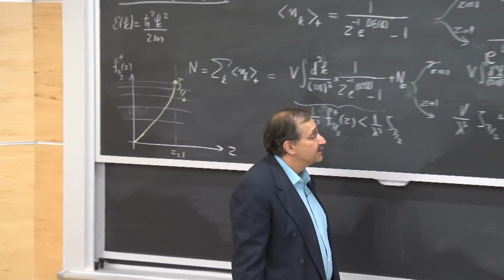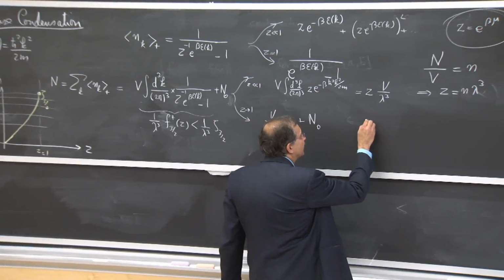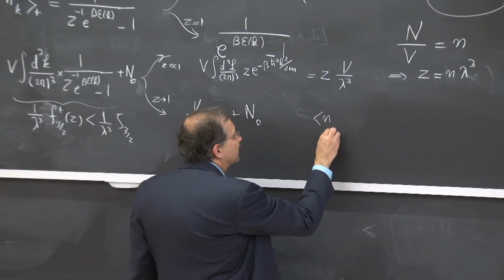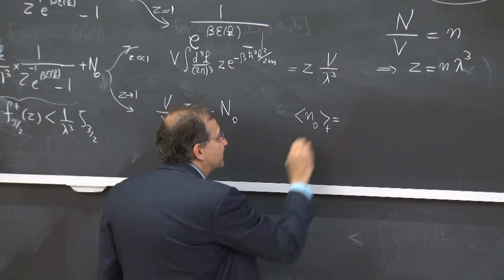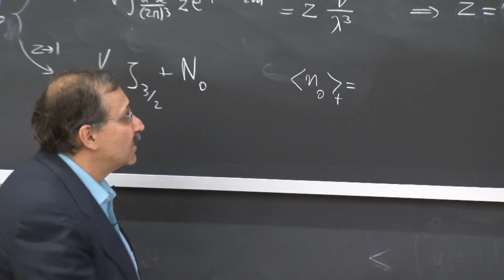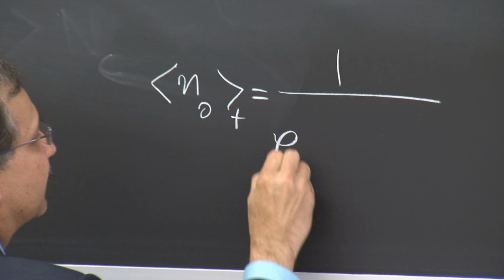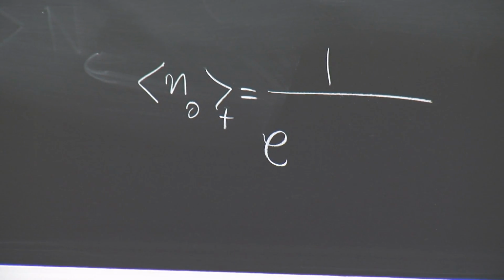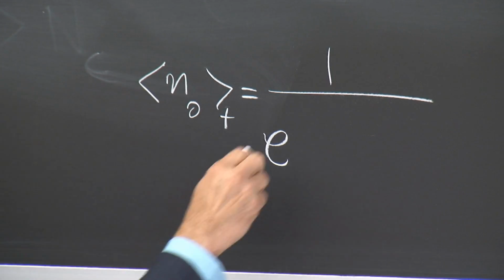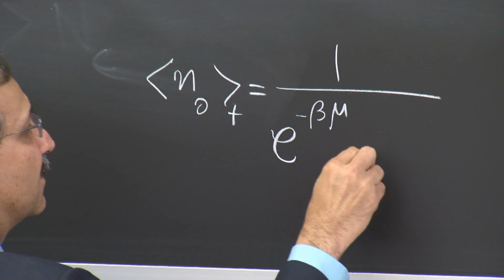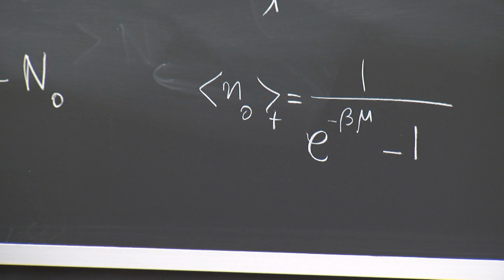And we saw that if I look at the occupation number of the k equals to 0 state, what it is is z inverse, which is e to the minus beta mu, minus 1.